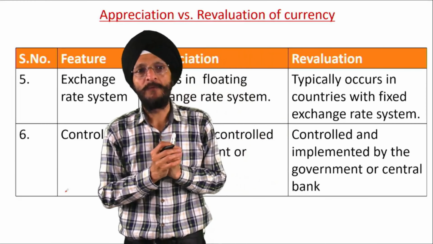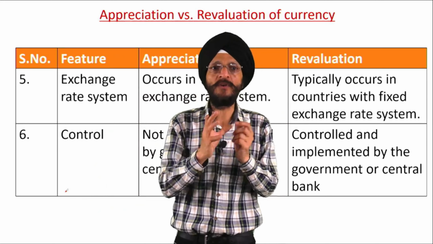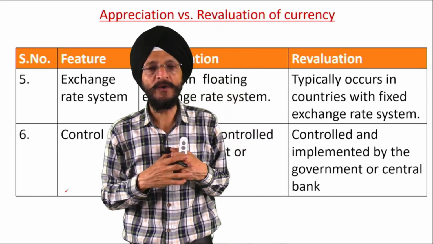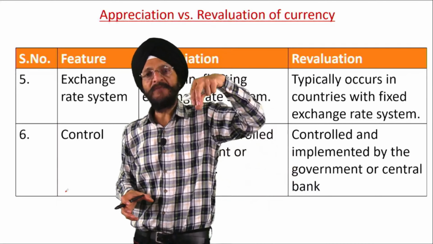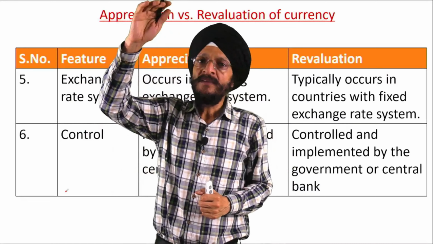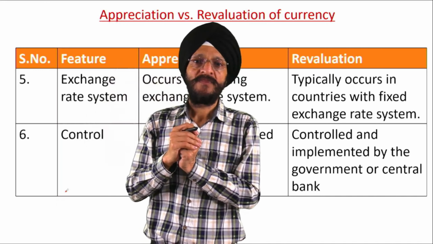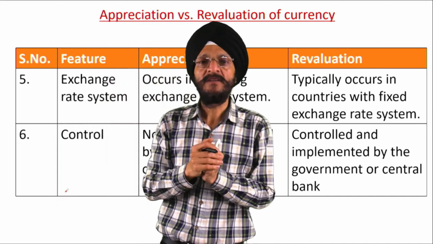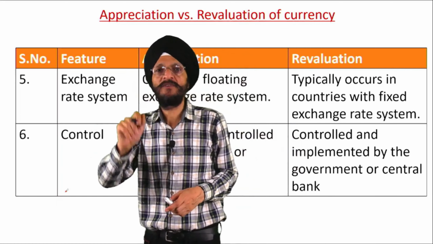Next is control. In the case of currency appreciation, it is not directly controlled by the government or the central bank of the country, because the market forces of demand and supply mostly decide the currency appreciation. How much increase should be there is decided by the market forces of demand and supply.